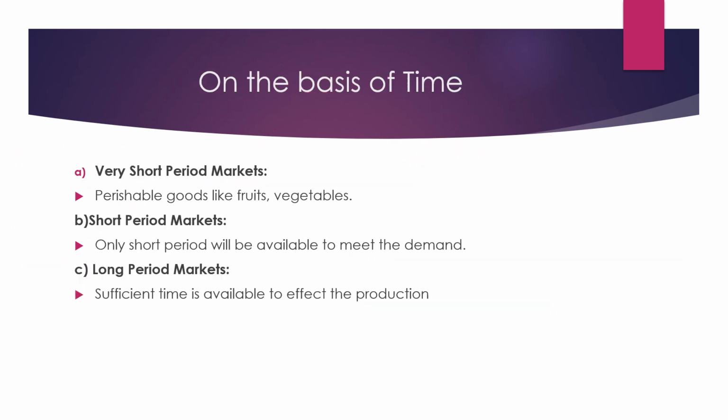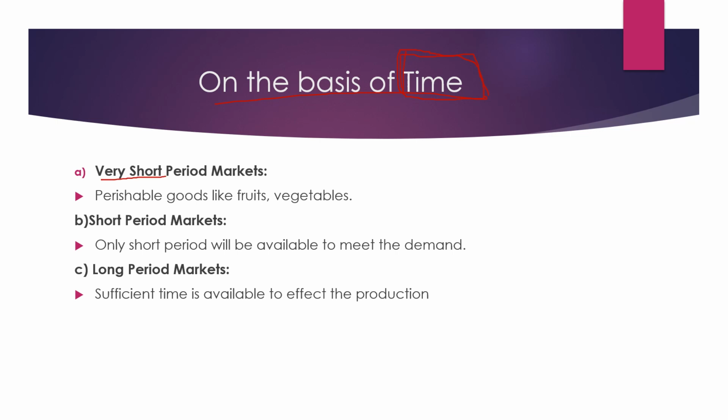And then finally, it is our market classification based upon the timing. Time also takes a major role in the classification of the market. Here we have three types of market.